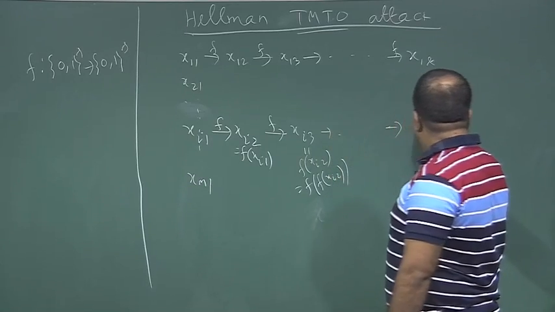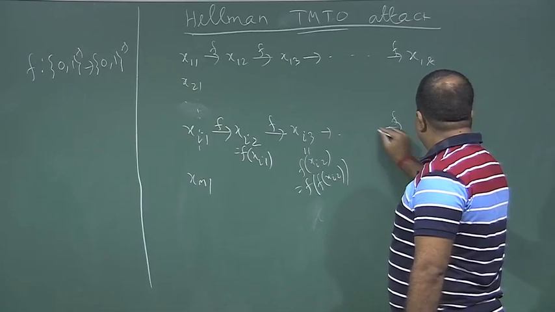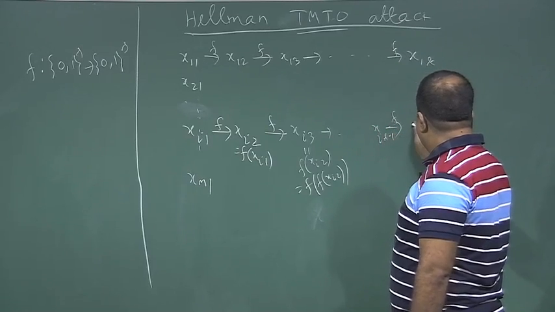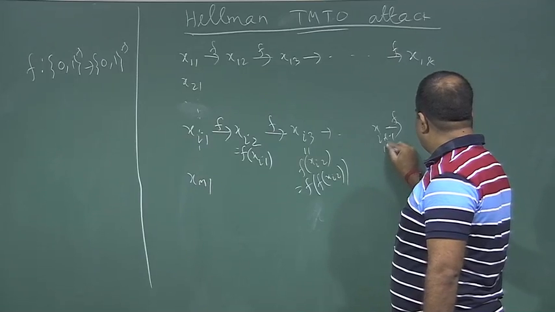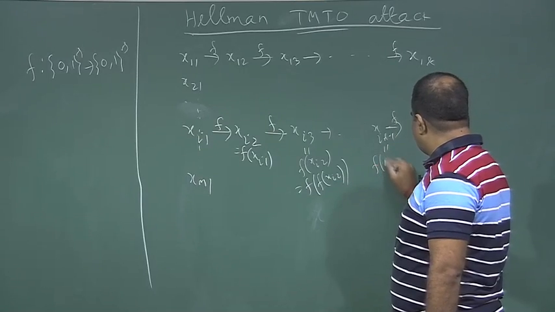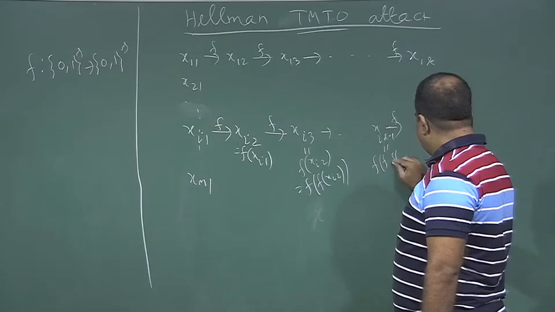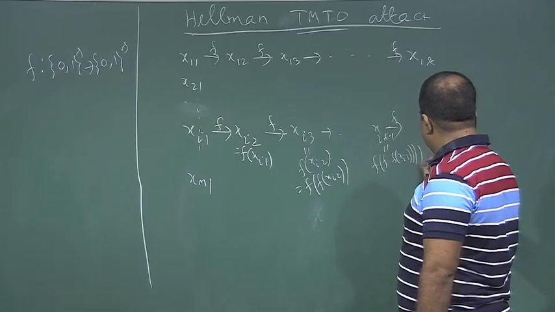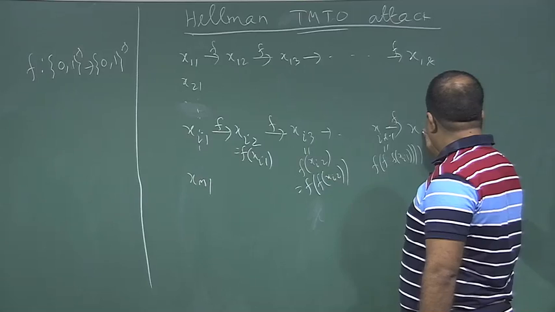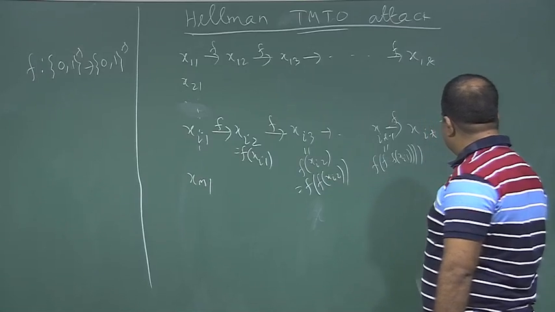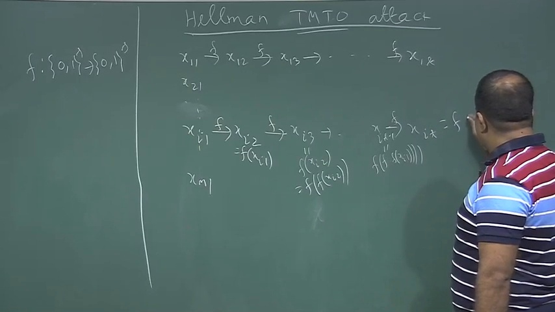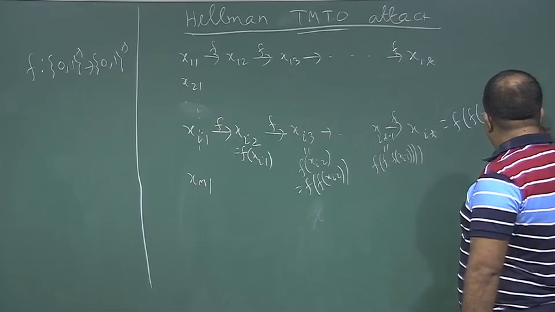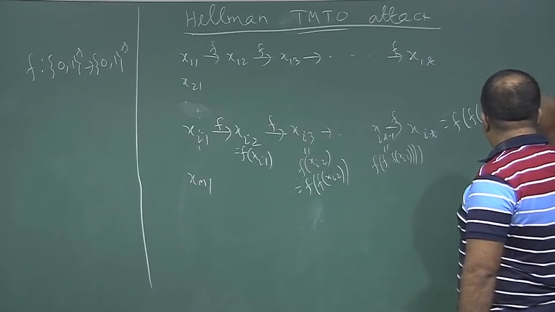So, we get f of x i t minus 1, and then x i t, which is nothing but f applied t times on x i 1.